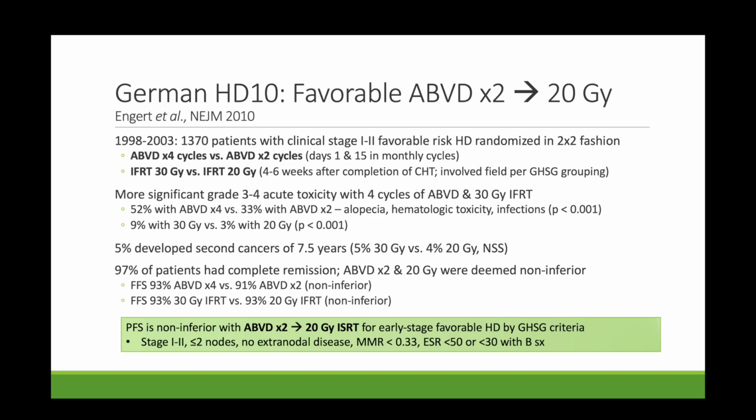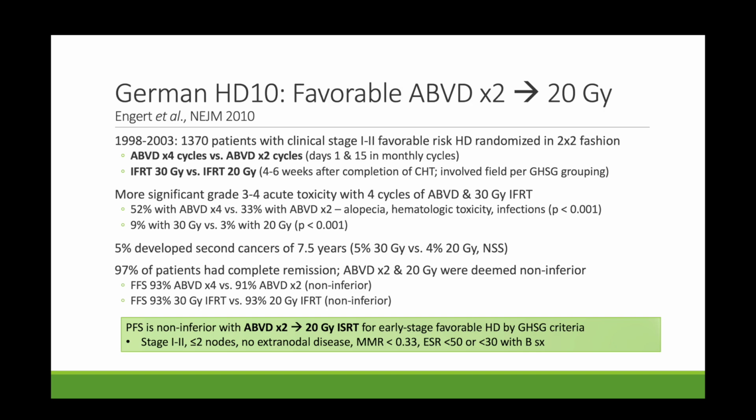Of note, 5% of patients developed second cancers approximately 7.5 years after radiation. And there was no significant difference in the development of second cancers between the two groups. So whether you gave 30 gray or 20 gray, it was just around 4 to 5% rates of second cancer.